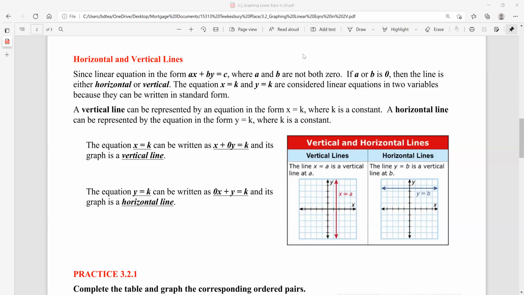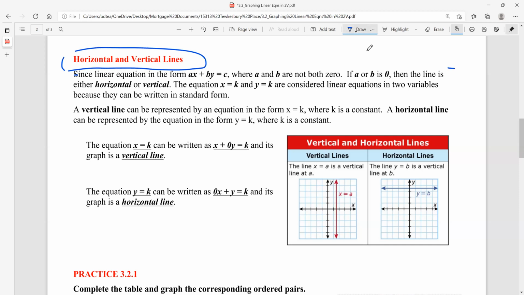Okay, so now we are on to horizontal and vertical lines. Horizontal and vertical lines here.